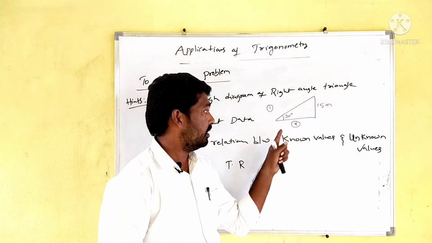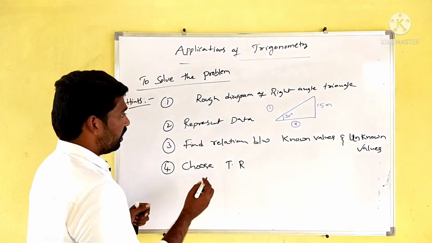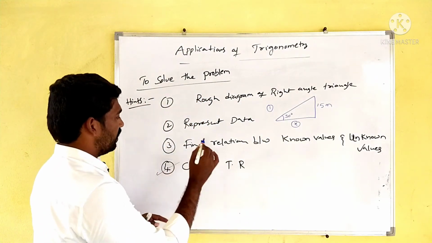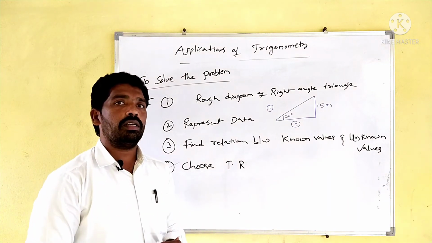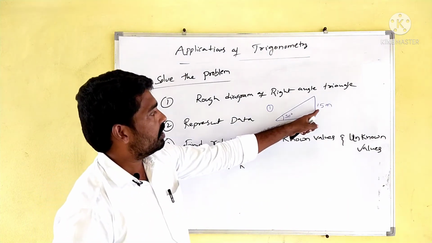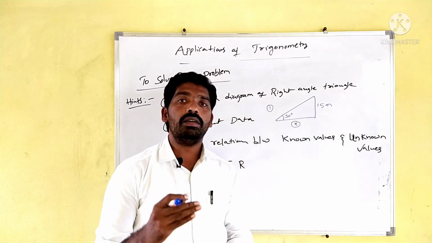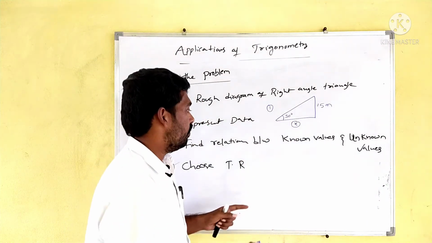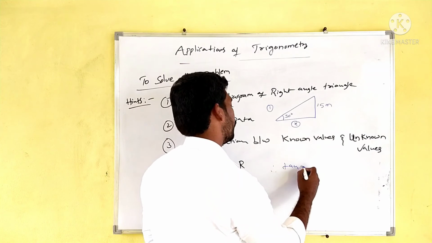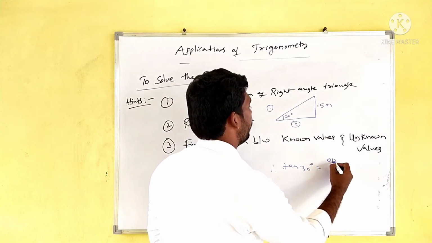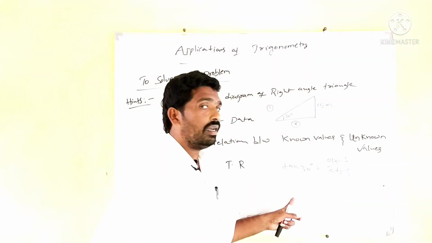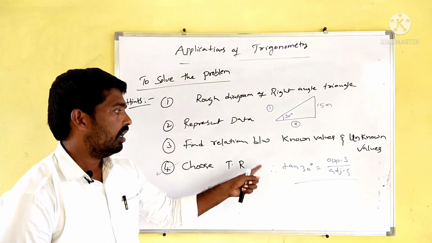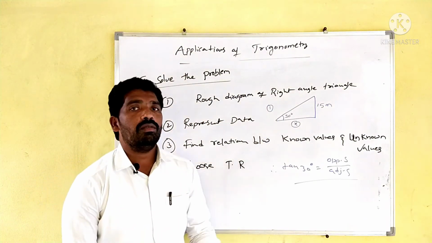Fourth is to choose the trigonometric ratio. Here opposite side by adjacent side is the tan ratio. Therefore tan 30 equals opposite side by adjacent side. Then substitute the values and find the value of x.